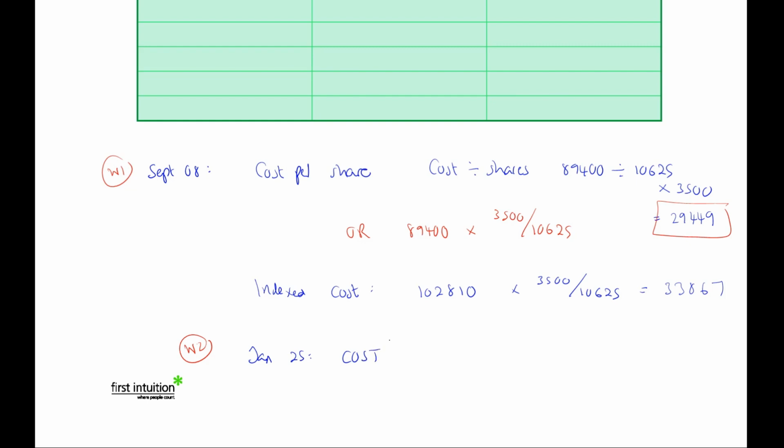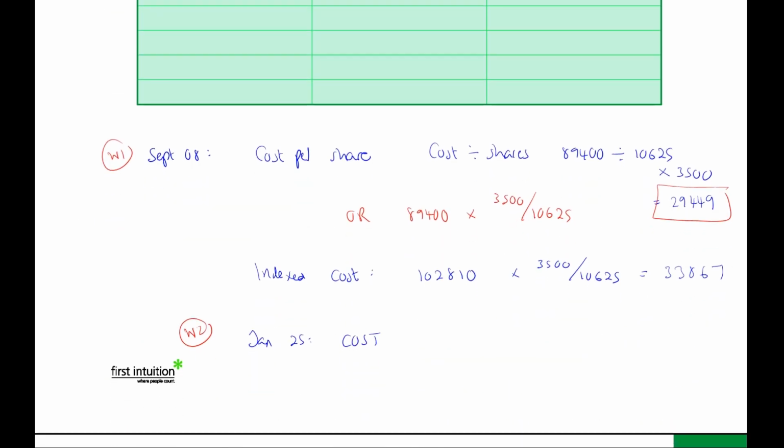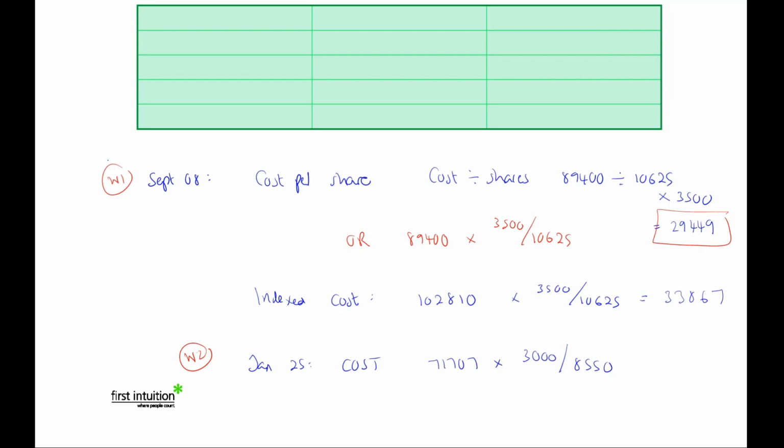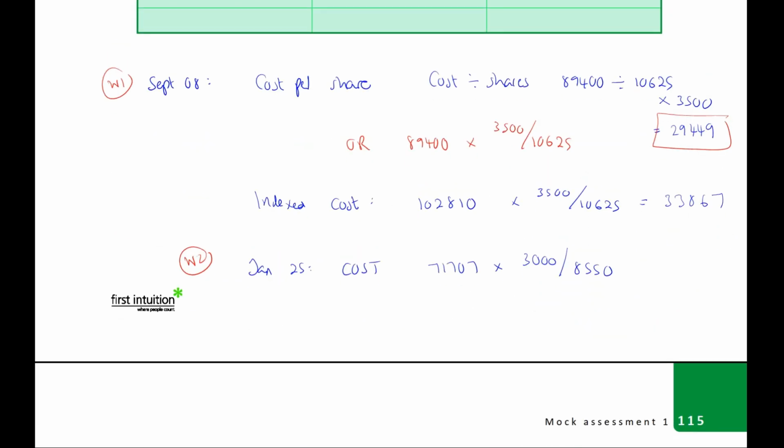So to find the cost of the shares disposed of, I'm going to take the cost that is sitting in my cost column, 71707, and I'm going to multiply by the 3,000 shares that I am disposing of as a proportion of the 8,550 that are in that column. So I'm taking 3,000 as a proportion of 8,550. I think that's the simplest way to lay it out. And it's very familiar because of management accounting and apportioning of overheads.